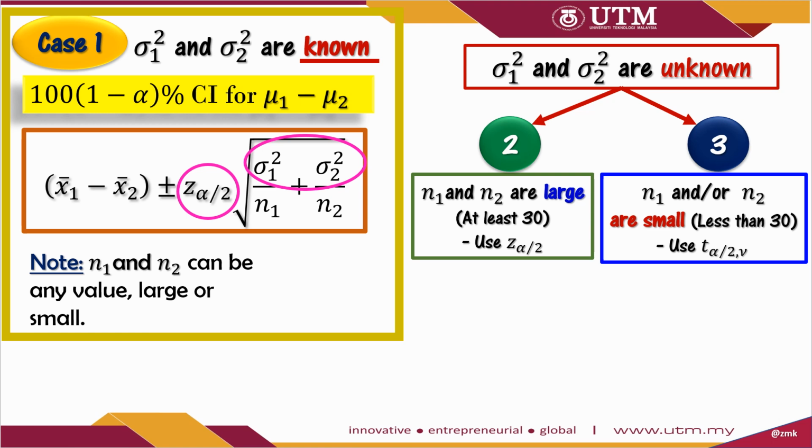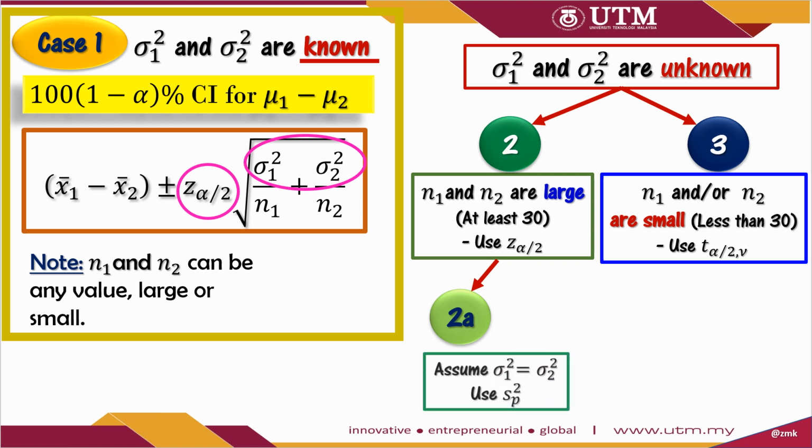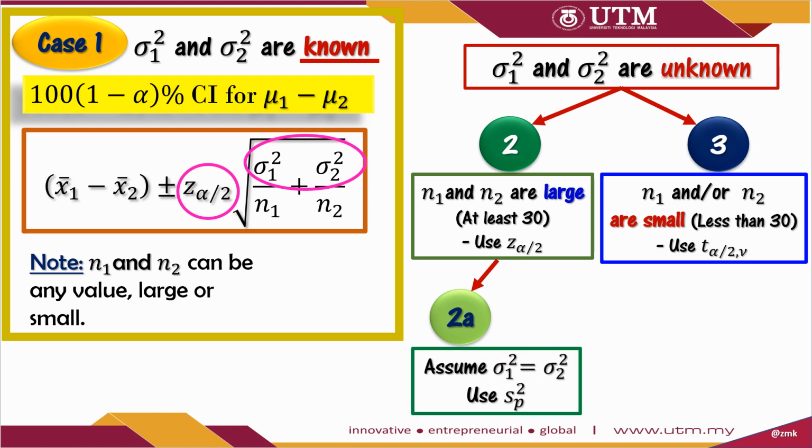So the cases under category 2 are case 2A and case 2B, where in case 2A, we have the assumption on equality of population variances, that is, sigma 1 squared and sigma 2 squared are assumed to be equal.